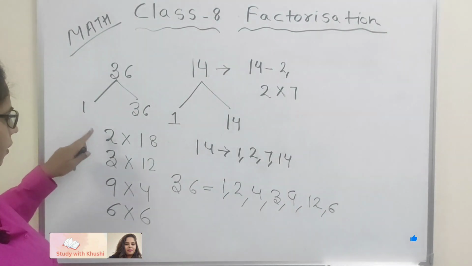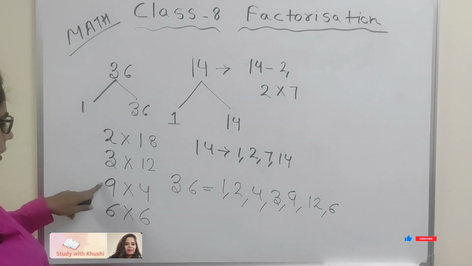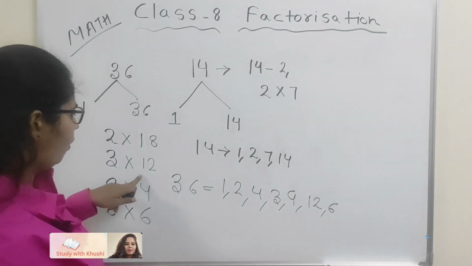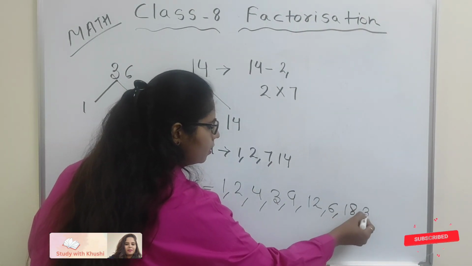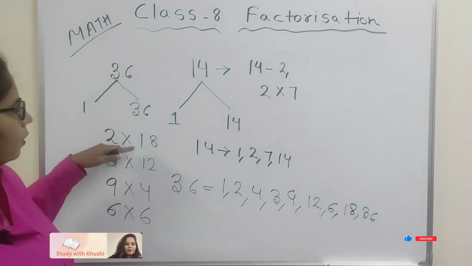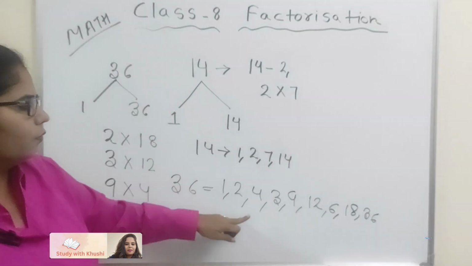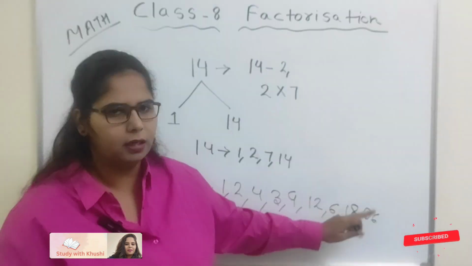Okay, 1, 2, 3, then 9, then 6, then 4, then 12, then 18, and the last, 36. Okay, so the factors of 36 are 1, 2, 4, 3, 9, 12, 6, 18 and 36.